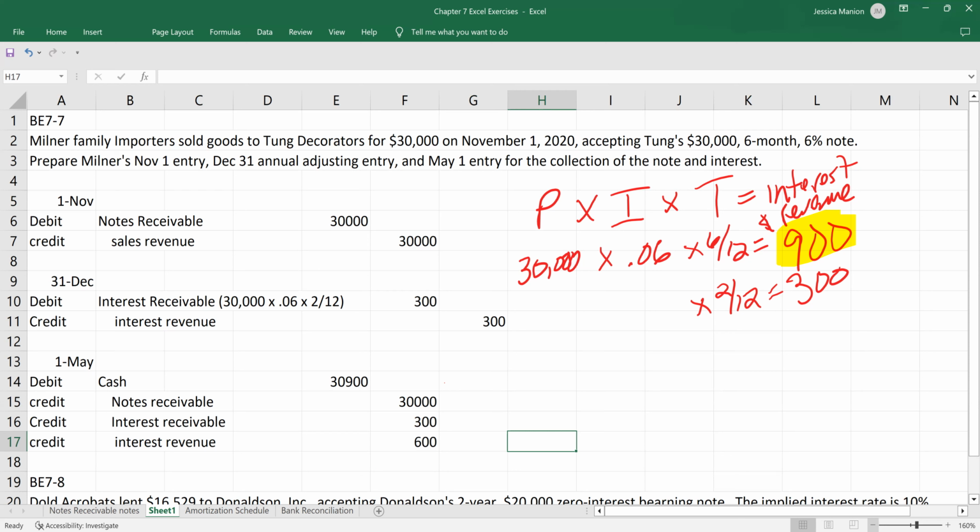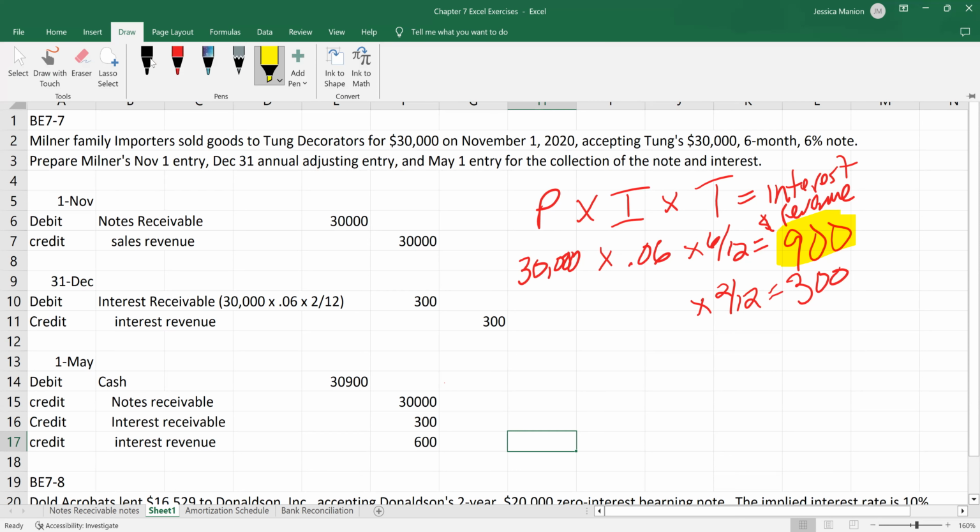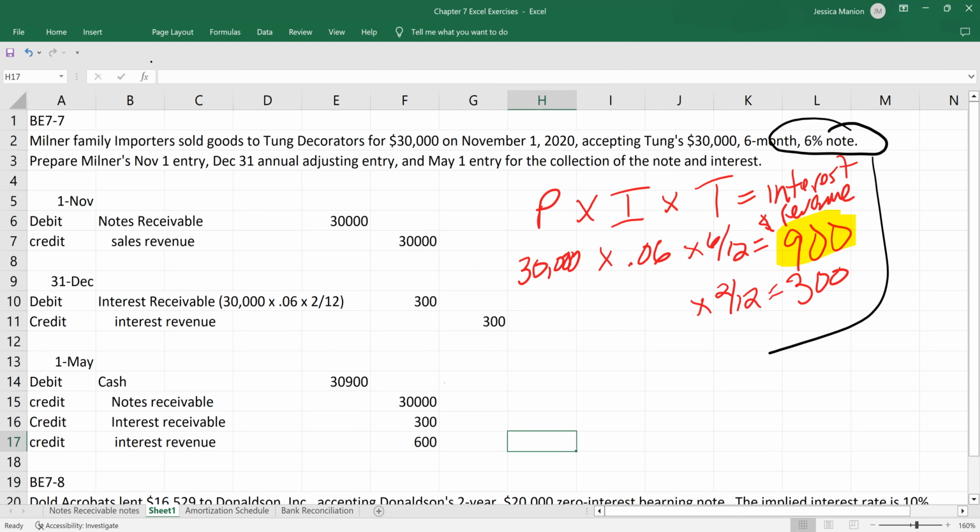So this was an interest-bearing note, right? We can see that right here because the interest was stated. The interest was explicitly stated in the terms of the note or the note contract, right?